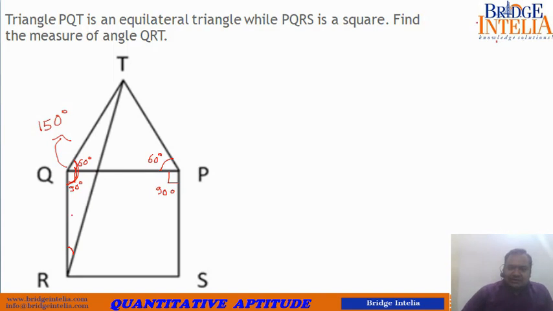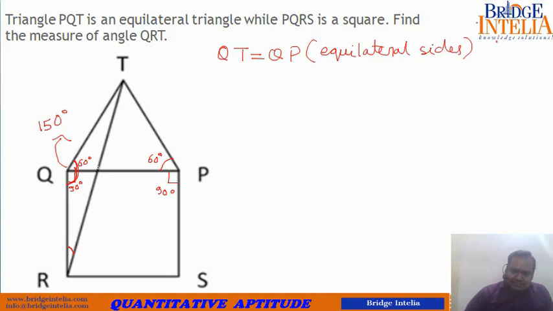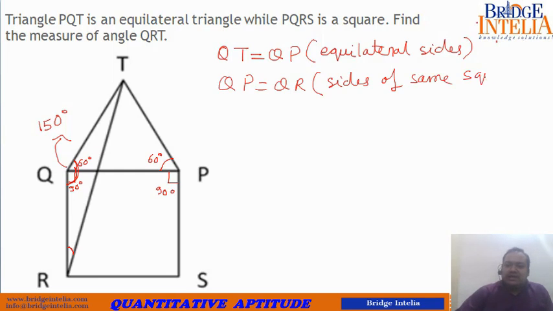Now consider something. So QT is equal to QP. Why? Because they are sides of the same equilateral triangle, they are equal sides. Similarly, QP is equal to QR. Why? Because they are sides of the same square, and hence they must be equal.